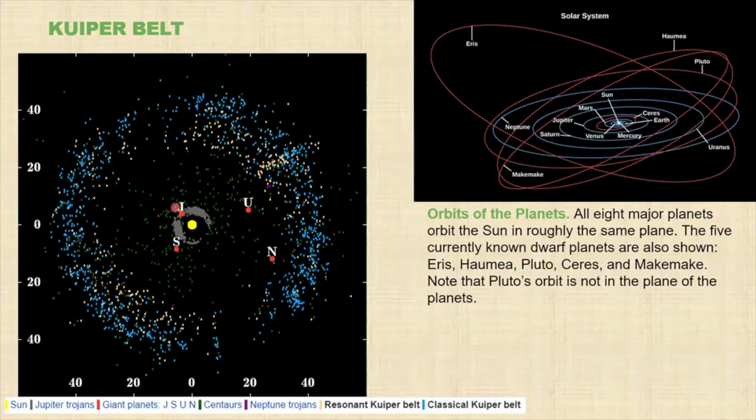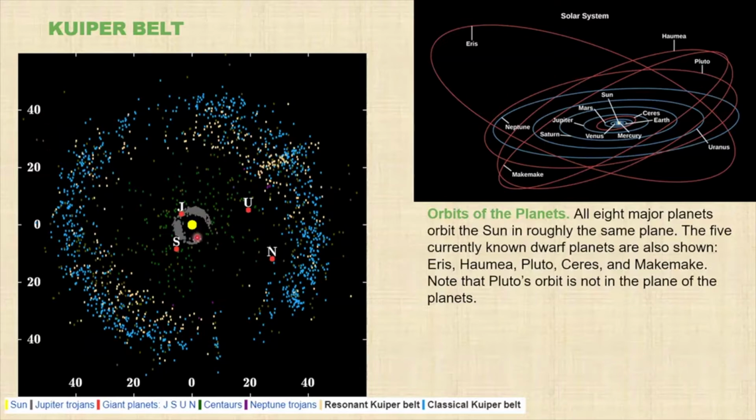The gray region here is the Jupiter Trojans, little asteroids and debris that are in Jupiter's orbit. And this outside region is called the Kuiper Belt. These are Kuiper Belt objects, outside Neptune's orbit, so these are trans-Neptunian objects.